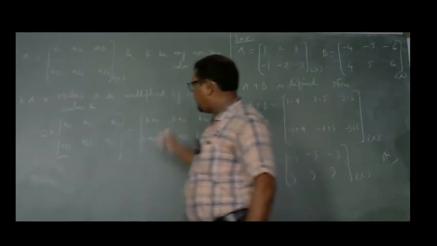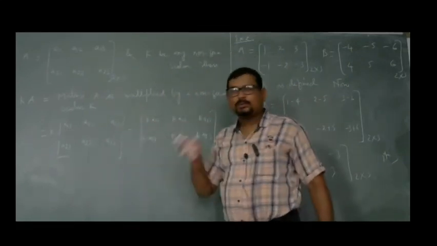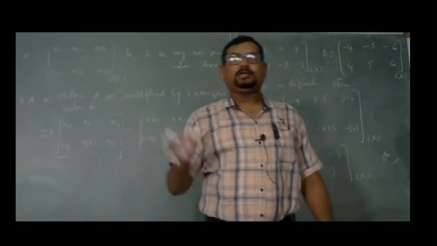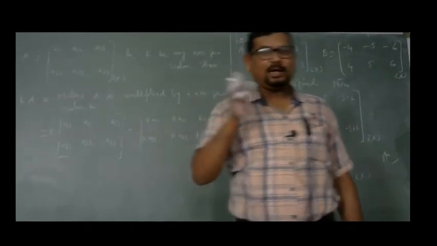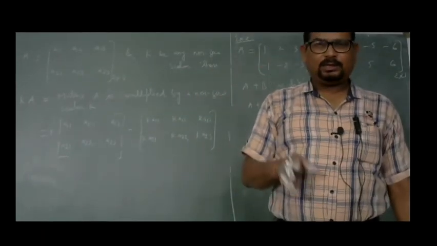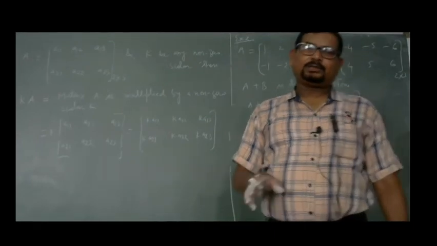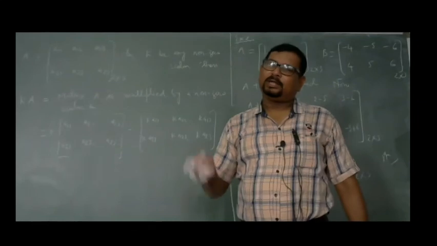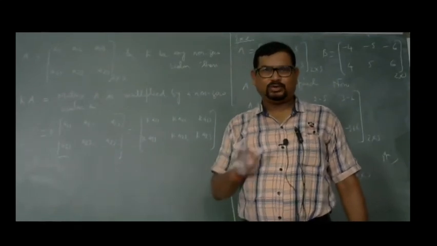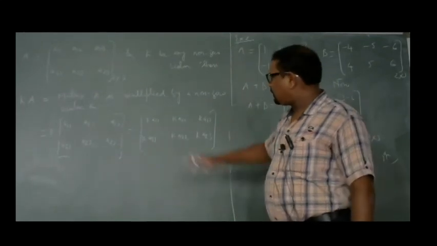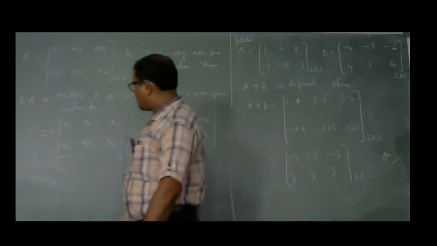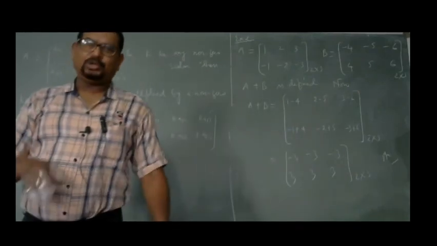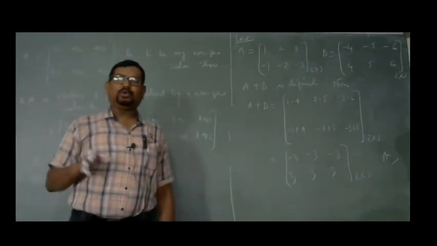This is the way. It means that whenever we multiply a matrix by a non-zero scalar, the result is also a matrix obtained by multiplying each element of the matrix by the non-zero scalar k. In this way we can get the multiplication of a matrix by a non-zero scalar.